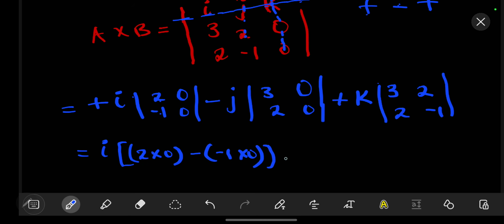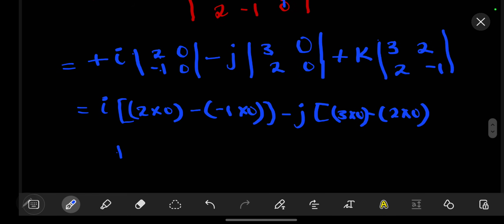Then we have minus our j, do the same, 3 times 0, minus your 2 times 0 like that. Then we have plus your k. Then you are going to have your 3 times negative 1, so this times this, minus 2 times this.